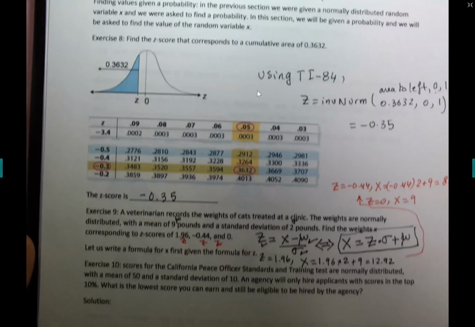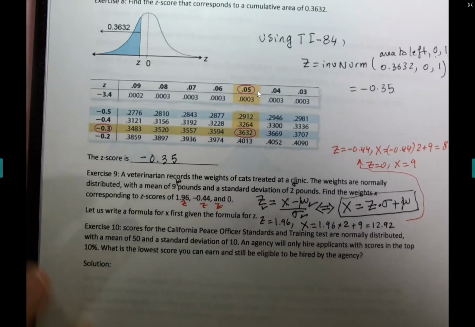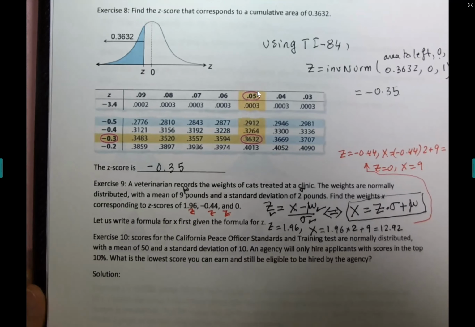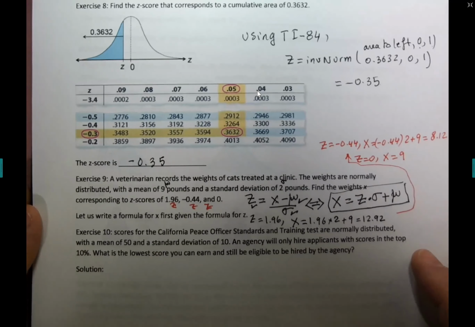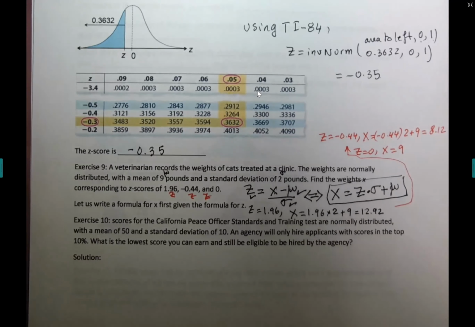Okay. Let me show you guys why what you learned now about the inverse norm formula is important. Let me show you this application. Scores for the California Peace Officers Standards and Training Tests are normally distributed. So they're bell-shaped.